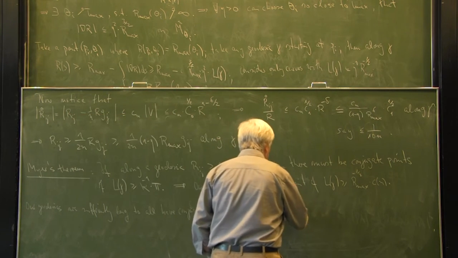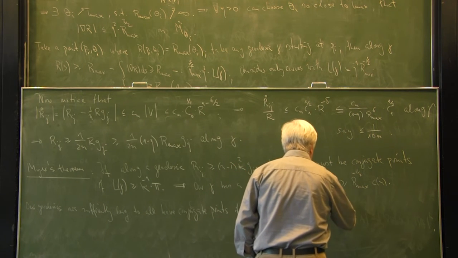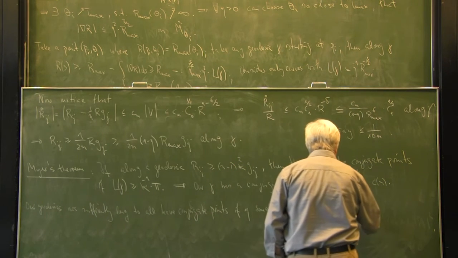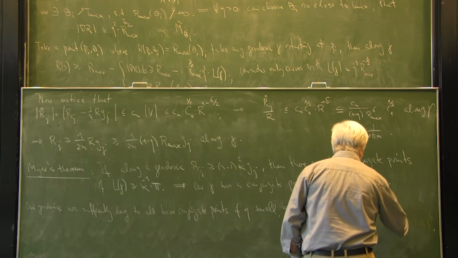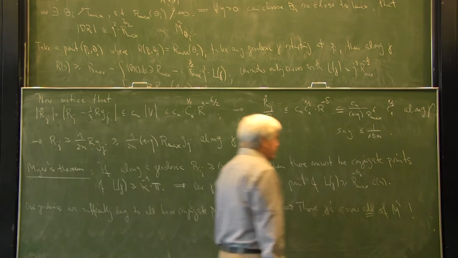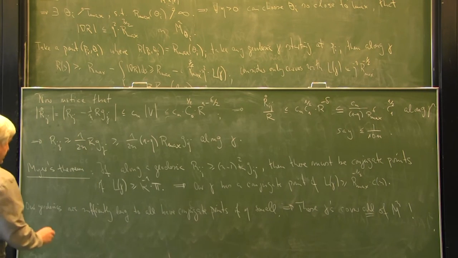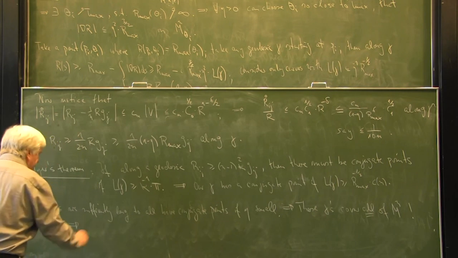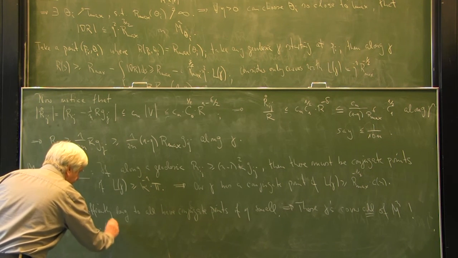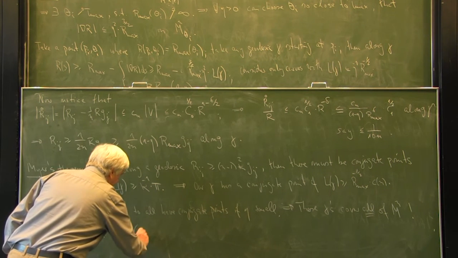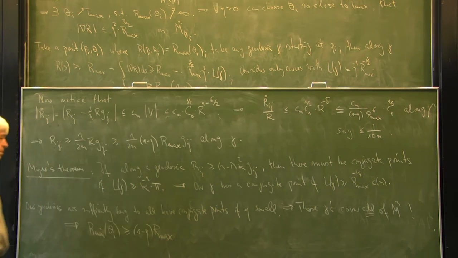So these gammas cover all of our manifold. But then our estimate from below is true also at the minimum of the scalar curvature. So the minimum of the scalar curvature at theta i is bigger than 1 minus eta times the maximum of the curvature.